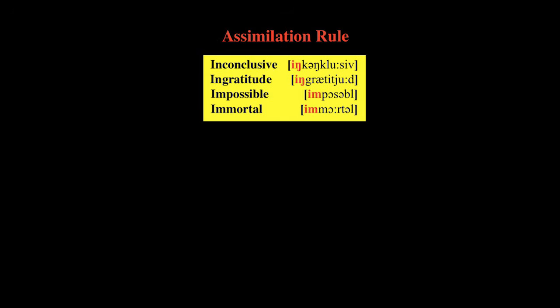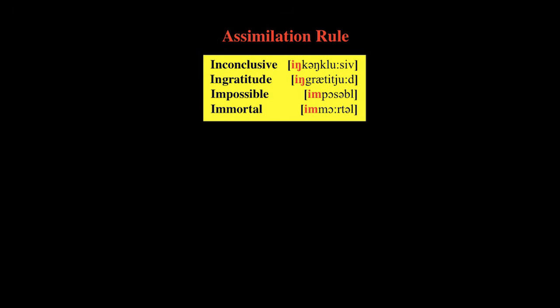The n sound is changed to a velar nasal ŋ whenever it is added to the stem gratitude. The n sound in in is changed to an m sound whenever it is added to the word possible. And the n is changed to m again whenever it is added to the stem mortal. So inconclusive, ingratitude, impossible, immortal.